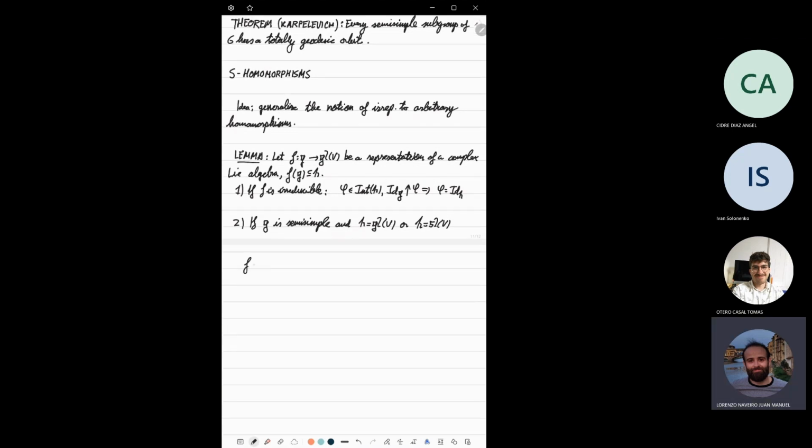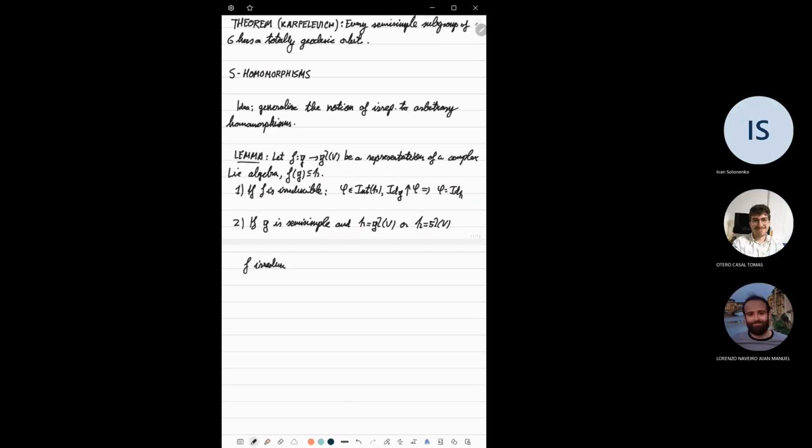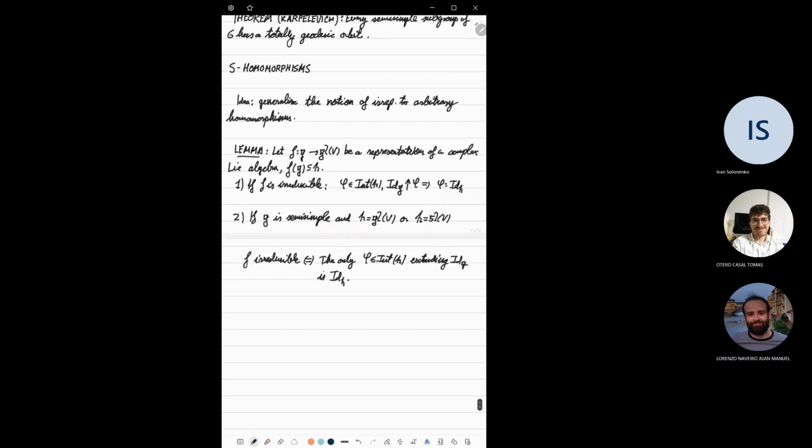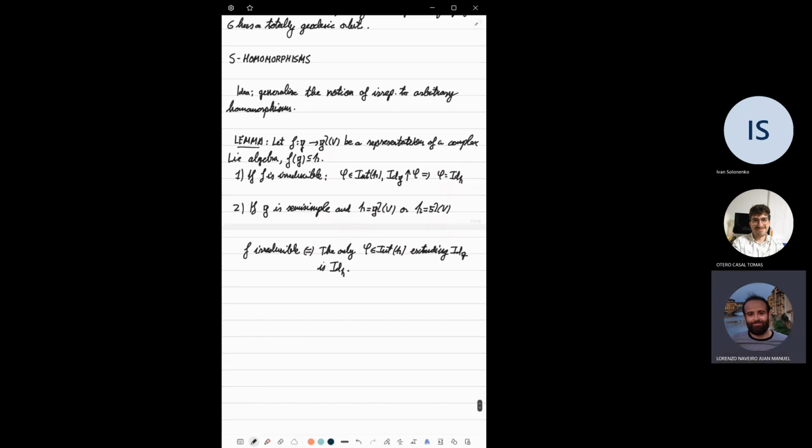That means that F is irreducible if and only if the only inner automorphism extending the identity is the identity. And now note that this new property can be stated for general semisimple Lie algebras. So let's prove this.